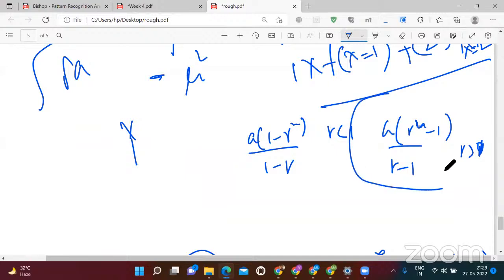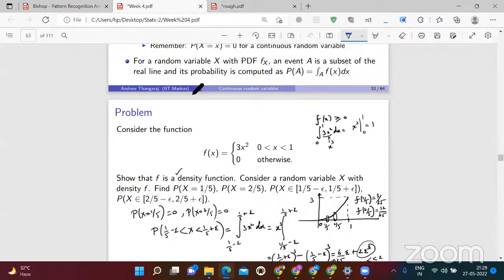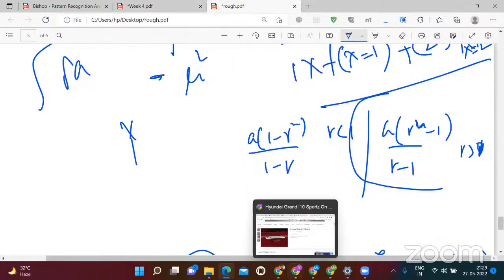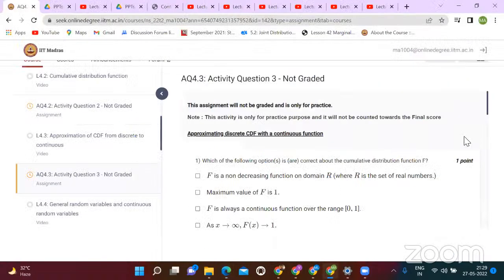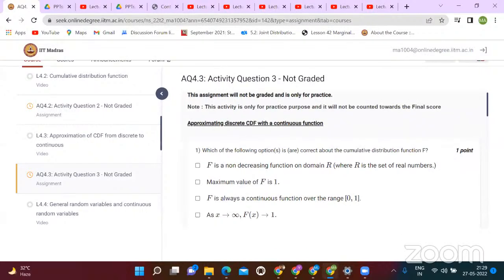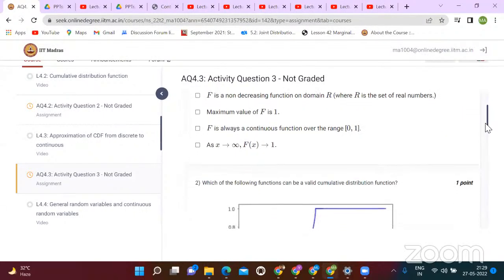So both are the same, because numerator and denominator both change, so nothing will happen, right? Yeah.